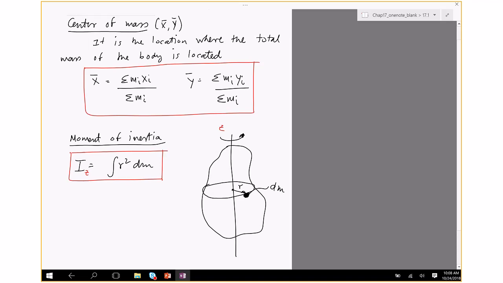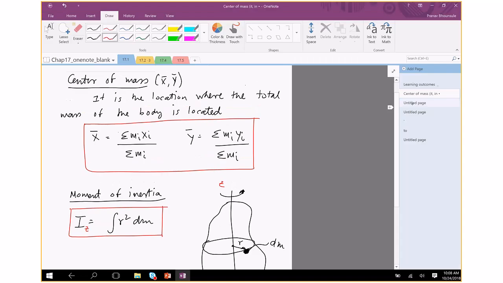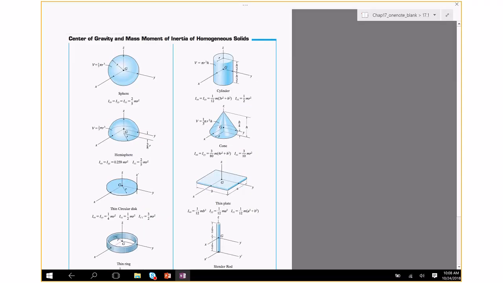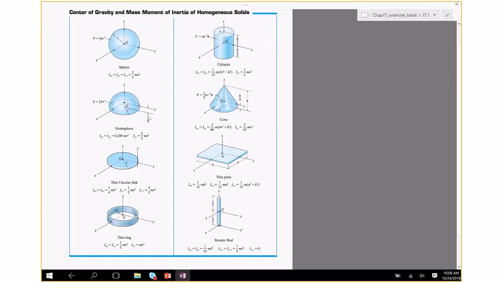I'm not expecting you to know how to find a double or triple integral in this course. What we'll do is, I will give you the inertias for different objects. So the inertia is a property of the axis of rotation. Different axes would have different inertias, and also the geometry of the object.